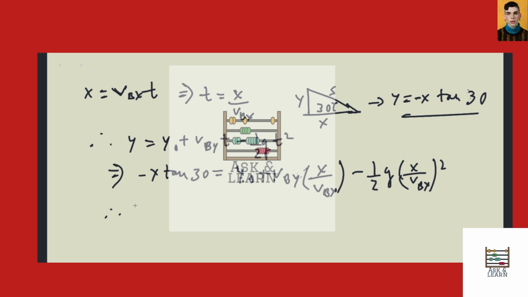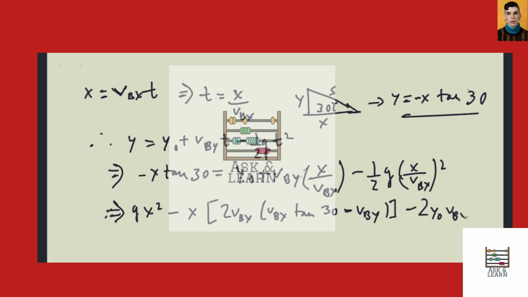Therefore, you work out this entire mess of an algebraic expression, you get g x squared minus x times 2 VBX times VBX tan 30 minus VBY, minus 2 y naught VBX quantity squared equals 0.